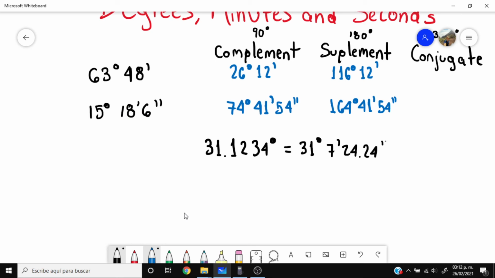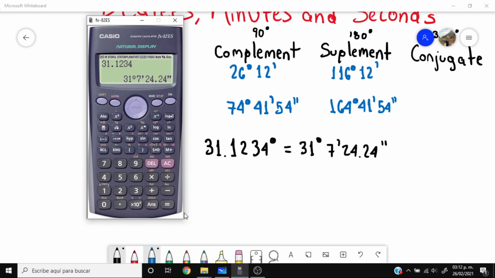24.24 seconds. If I try to do the reverse, for example, imagine that I have 21 degrees, 8 minutes, and 4 seconds. I'm gonna press equal, and then I'm going to press the shift key, and then this number over here.